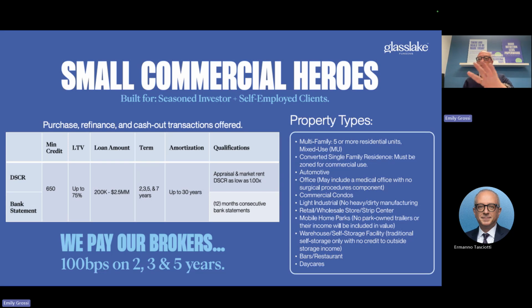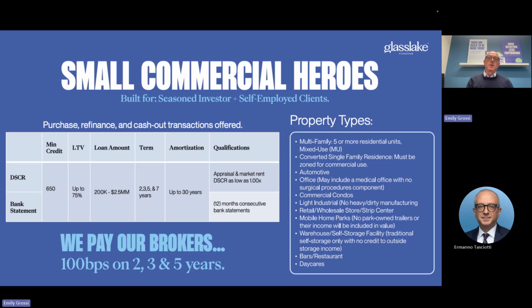On the slide, there's a lot of information, but just to highlight a couple of things. DSCR is debt service coverage ratio. That is a criteria that we use to qualify our commercial mortgages. That's how we get to whether or not the mortgage can be carried by the income. And then there's bank statements.